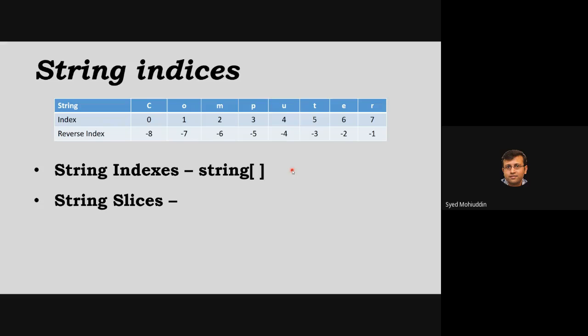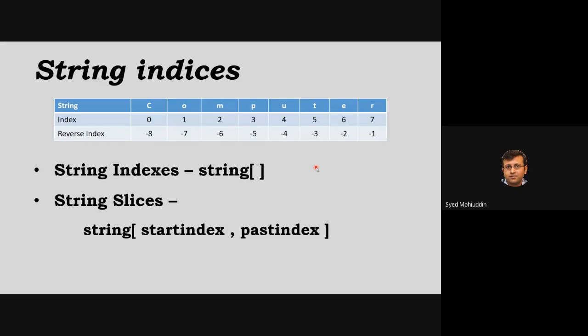In the same way, to retrieve the character P, I can use index of 3, as well as index of -5. So this way, even negative indexing works in Python. Now, the most sought after concept of Python is slicing.